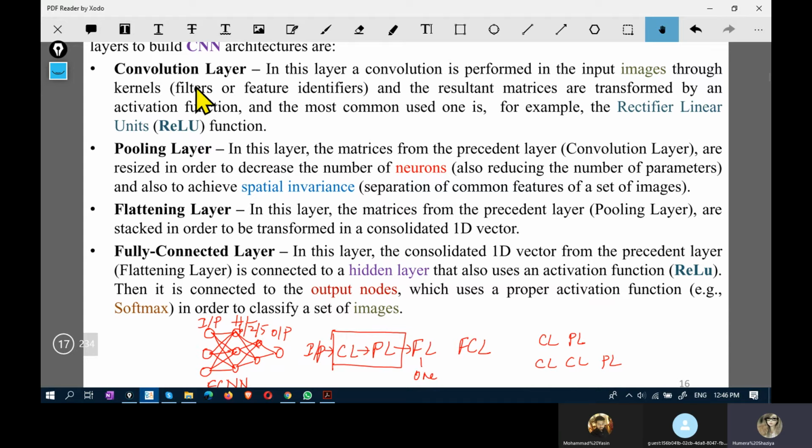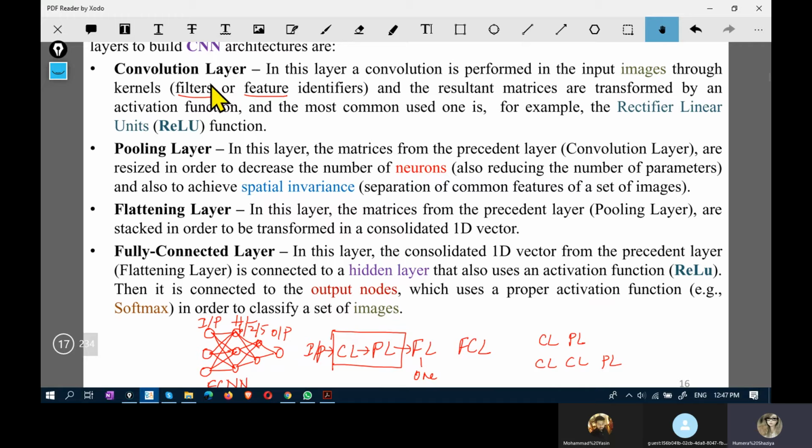Convolutional layer, what does it do? This is the most important layer in convolutional neural networks. Convolutional neural networks will identify the features through filters. This layer has filters, and these filters will output feature maps or activation maps. And this CL means convolutional layer.